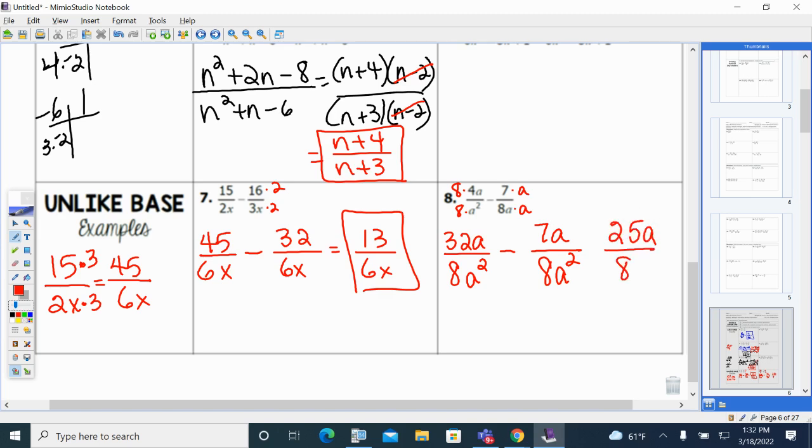And we're dividing that by 8a squared. And then our last step here would be to reduce. A is going to divide into both the numerator and the denominator. So the a in the top is going to go away, and I'm going to have an a go away in the bottom. And I have 25 over 8a for my final answer on number 8.